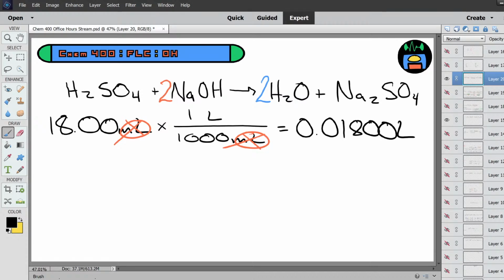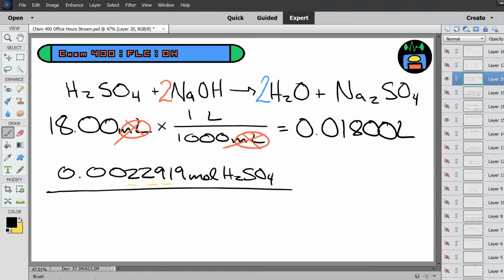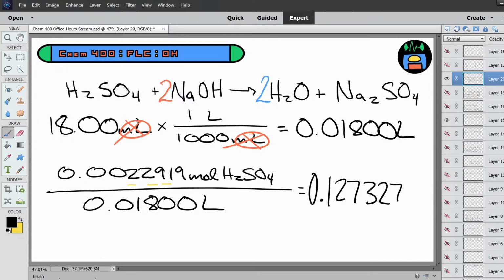Now we're ready to calculate our molarity. Because our molarity is, we take our moles, 0.0022919 moles of sulfuric acid. And again, this number only has 3 sig figs. We divide by our volume in liters, 0.01800 liters. And this comes out to be 0.127327778.